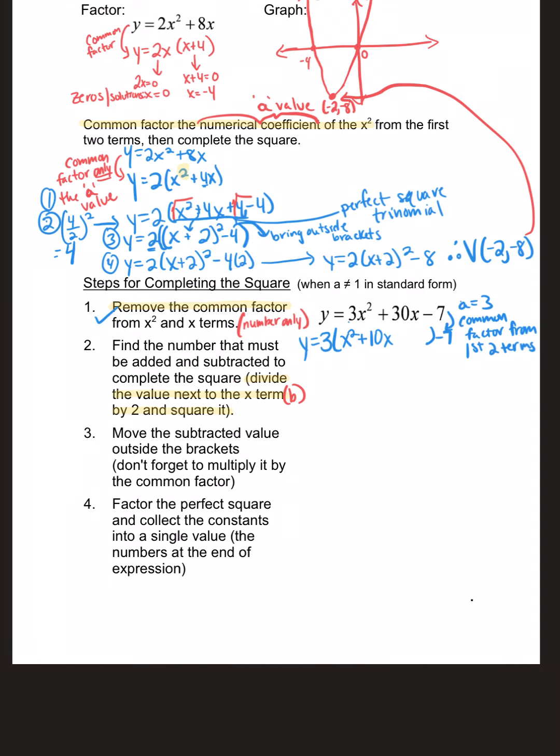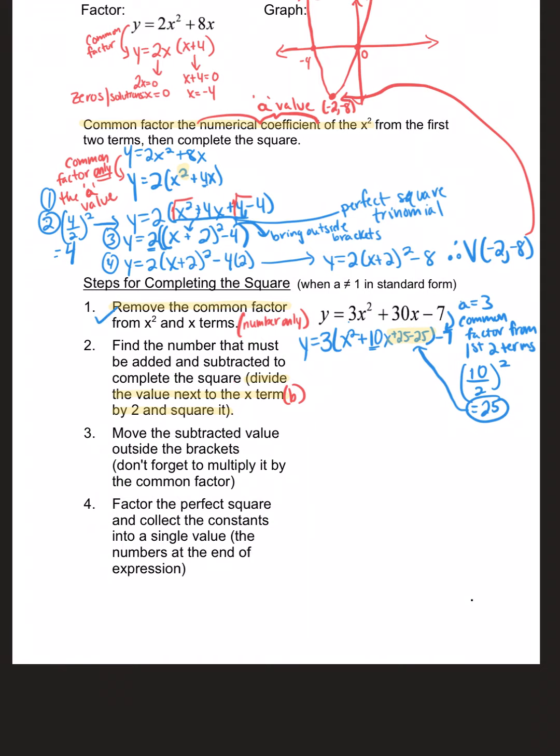My b is 10, so we're going to half and square it. We're going to take 10 divided by 2, and then square that. 10 divided by 2 is 5, and 5 squared is 25. So I'm going to add 25 inside my bracket, and I'm going to subtract 25 inside my bracket. This value here is what goes inside my bracket. We add and we subtract that 25.